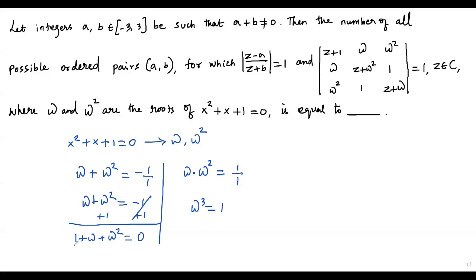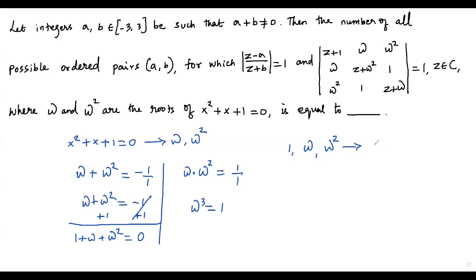We have the sum of the three values 1, omega and omega square equals 0, and the value of omega cube equals 1. Whenever the sum of 1, omega and omega square equals 0 and omega cube equals 1, we have to understand that 1, omega and omega square are the cube roots of 1.